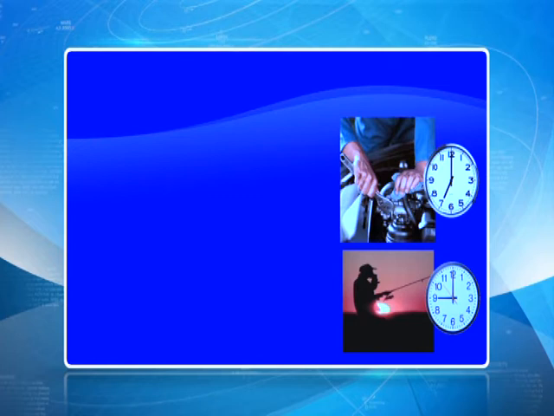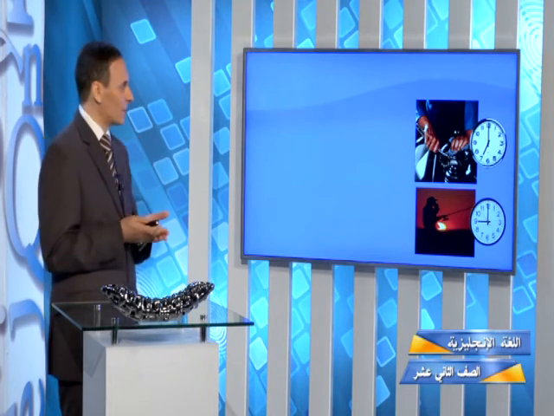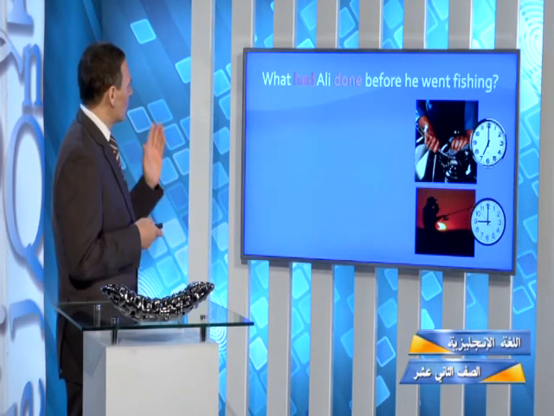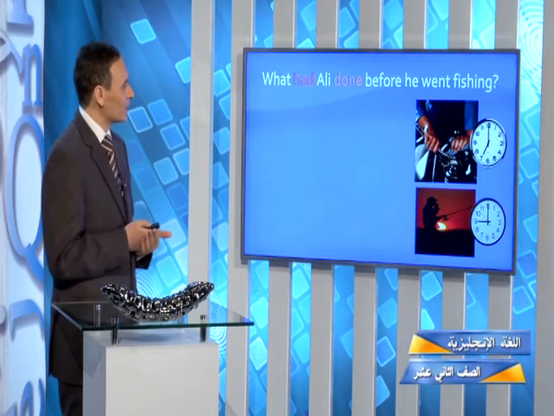Now let's join these actions together by showing the sequence of events, to show that one action happened first and then another action happened after that, and both actions are in the past, right? What had Ali done before he went fishing?